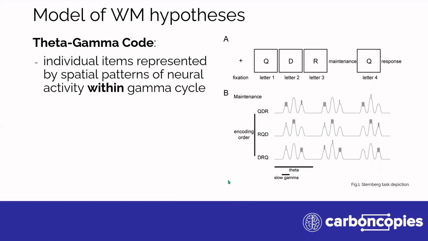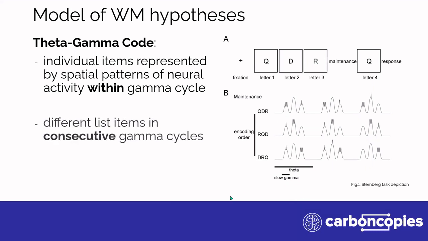The items in sequence, such as a sequence of letters that you see here, QDR, used in this task, are represented by spatial patterns of neural activity taking place within the interval of a gamma cycle. The activity corresponding to different items in a list takes place in consecutive gamma cycles. And the sequence of patterns of activity within gamma cycles is repeated on successive theta cycles.